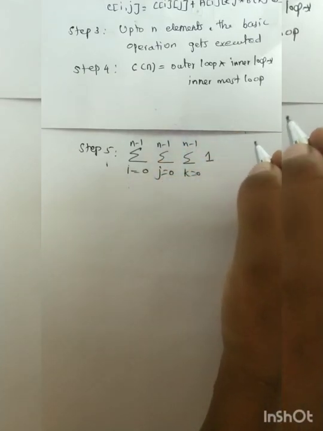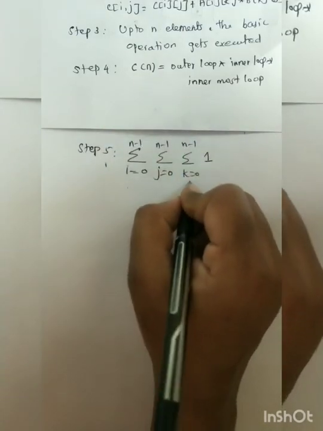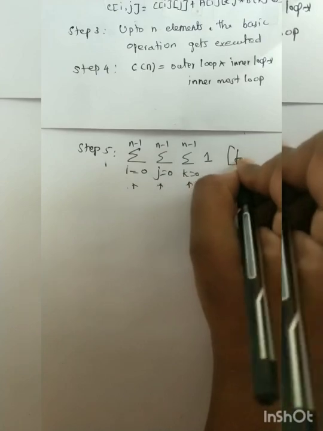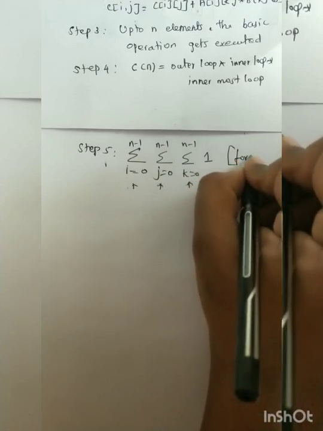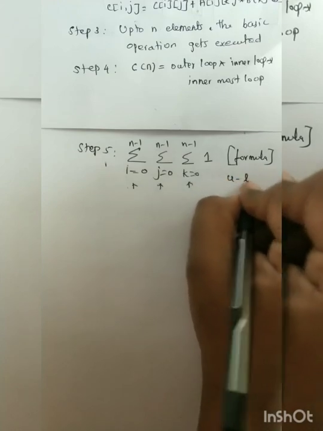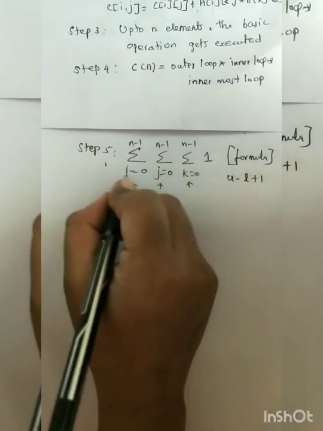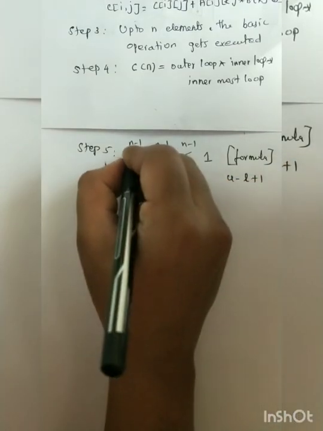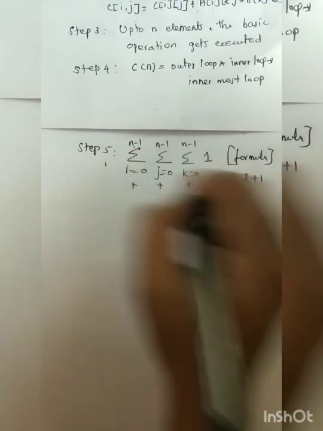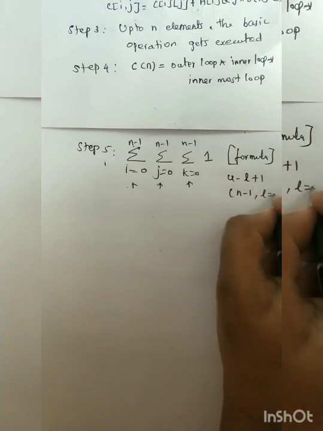For each summation I am going to apply formula 1, which we already discussed in the previous session: u minus l plus 1. Here u is n minus 1, l is 0, then plus 1.